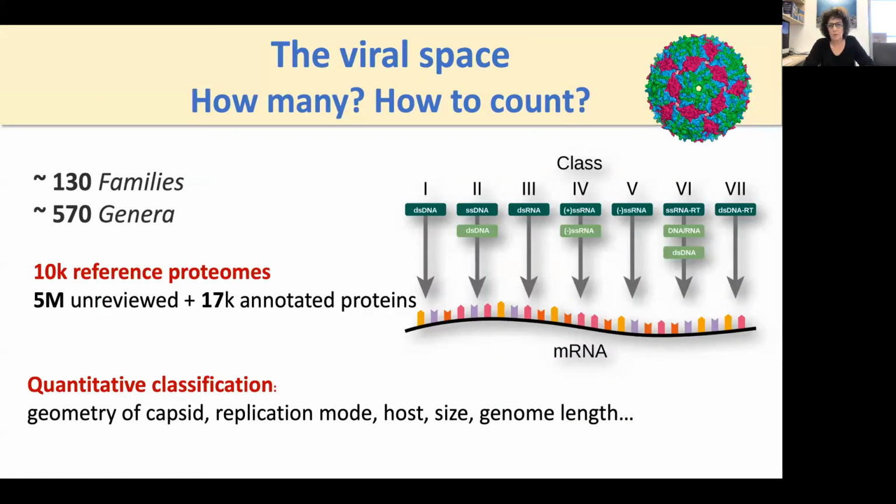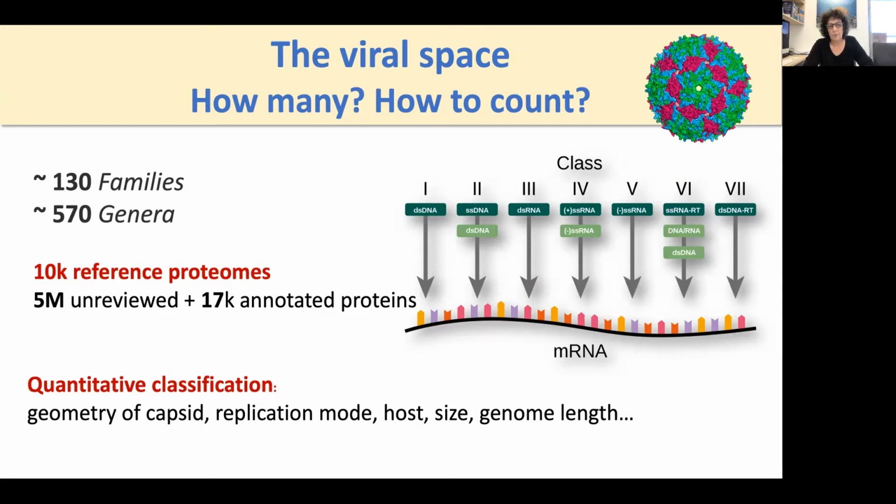So a few words about the viruses. How can we count them? In principle, they are divided artificially into 7 groups by their replication format and DNA or RNA in their genomic information.